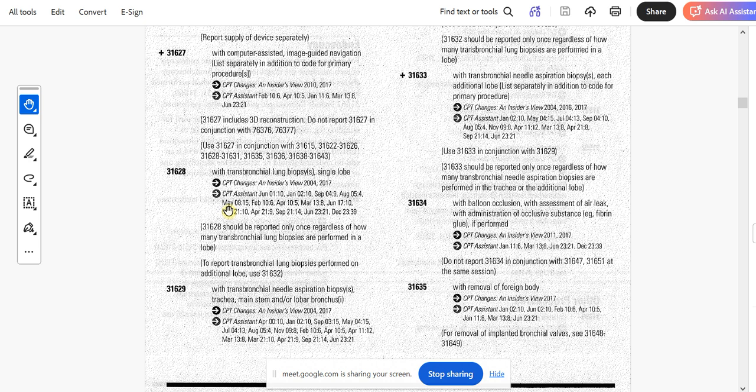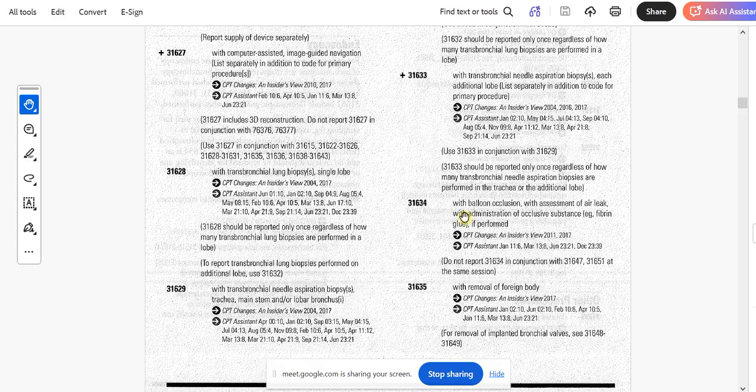That is 31634, usually with the help of fibrin glue. Glue is like any other glue, but it's a surgical glue which can be used within the organs. Because there is a leakage, you're using glue. That is 31634.